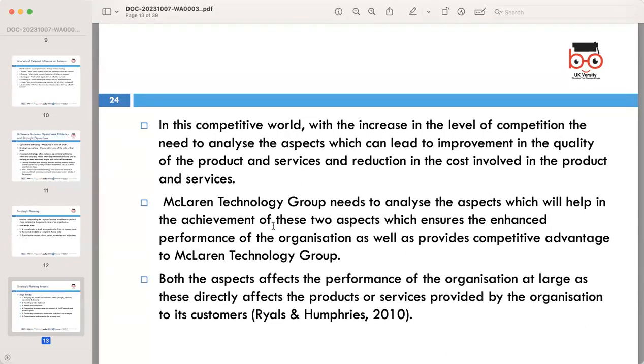McLaren Technology Group needs to analyze the aspects which will help in the achievement of the two aspects, which ensures the enhanced performance of the organization as well as provides a competitive advantage to McLaren Technology Group. Both the aspects affect the performance of the organization at large, as these directly affect the products or services provided by the organization to its customers.